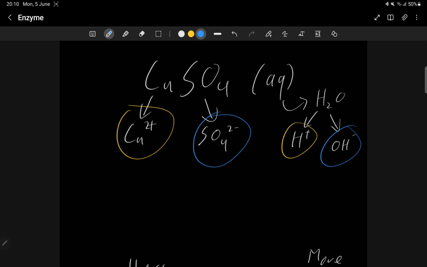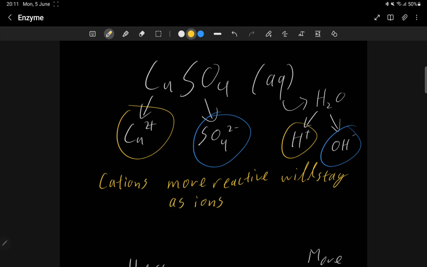Now, once we have this, the next step is to understand which one will go towards the electrodes, the cathodes and the anodes, and which one will stay as an ion. For the cations, the positive ions, the more reactive will stay as ions.